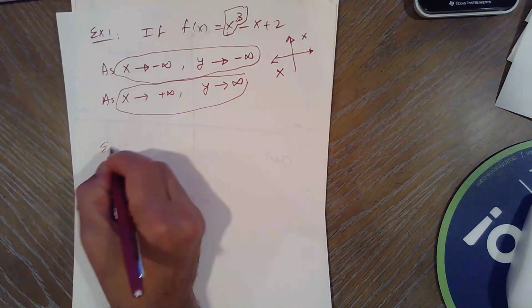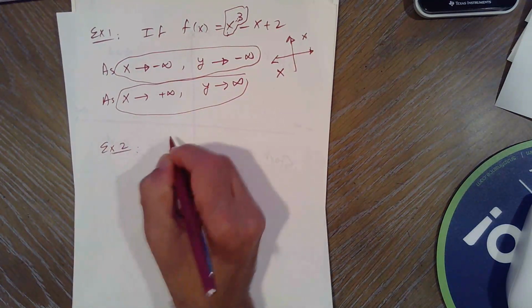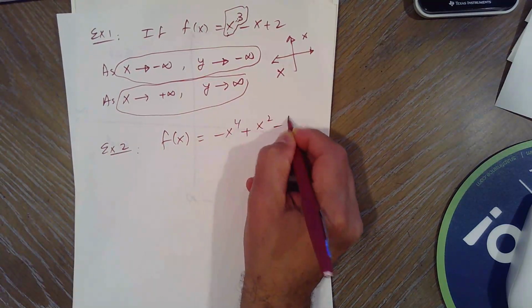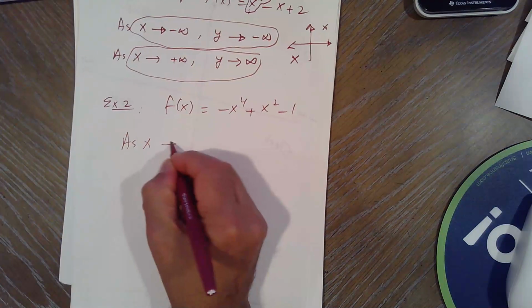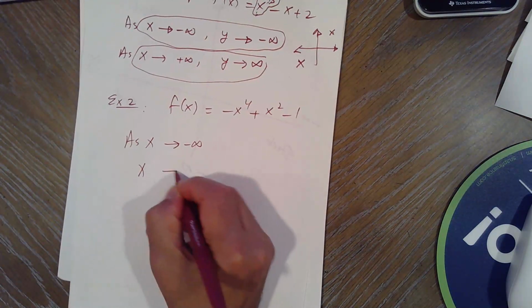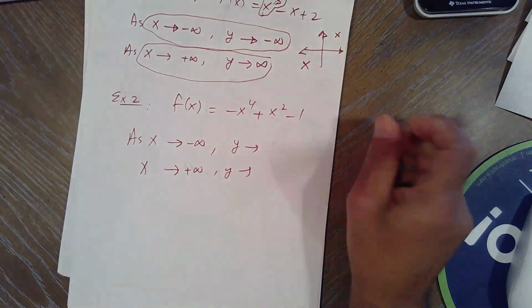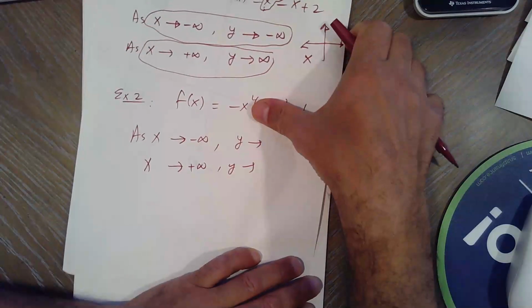Here's another example. Same thing. Negative x to the fourth plus x squared minus 1. So what happens as x goes to negative infinity and as x goes to positive infinity? Again, the leading coefficient test says only the leading term matters.